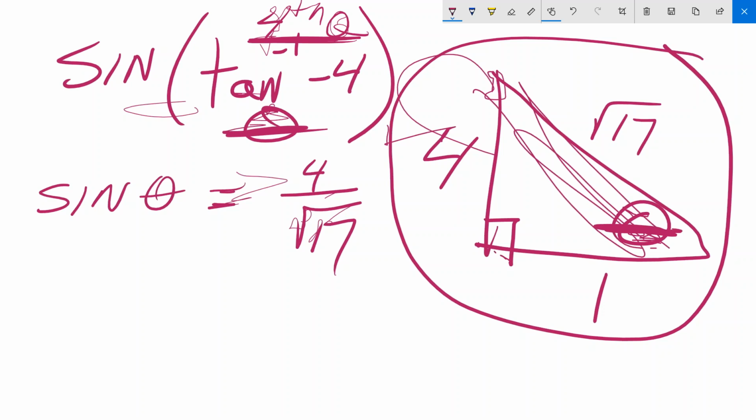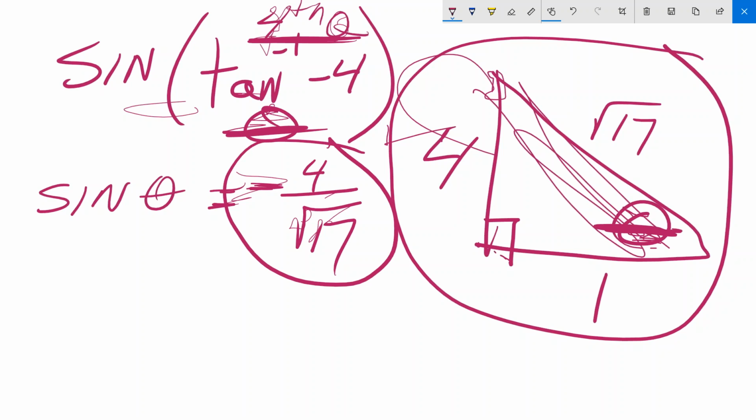Yes. And I know this is fourth quadrant. That's the only place that the tangent is going to be negative. Forget the second quadrant. That's not the primary. Whenever you see problems like this, it's the primary.